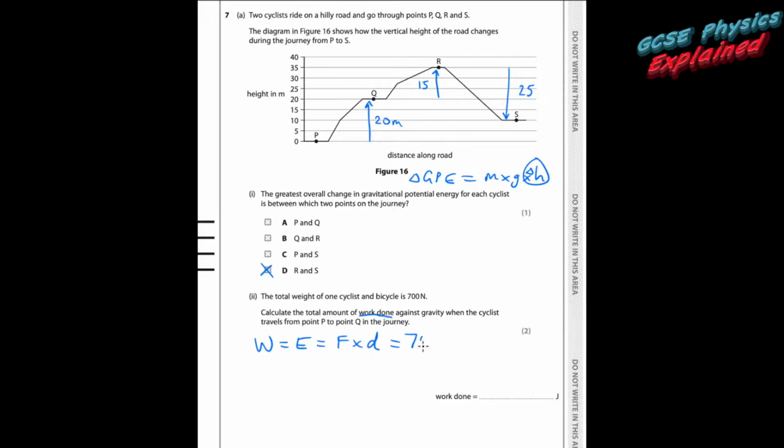So the force was 700 newtons. And we're doing it against gravity, so we need the vertical height, which, as I've just said, was 20 metres, and that comes out as 14,000, and that'll be joules.